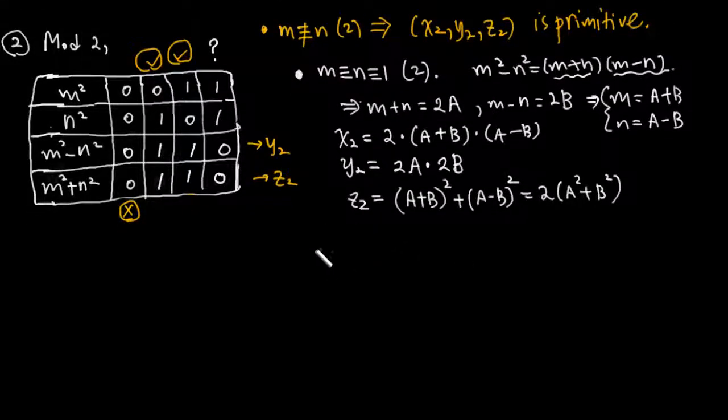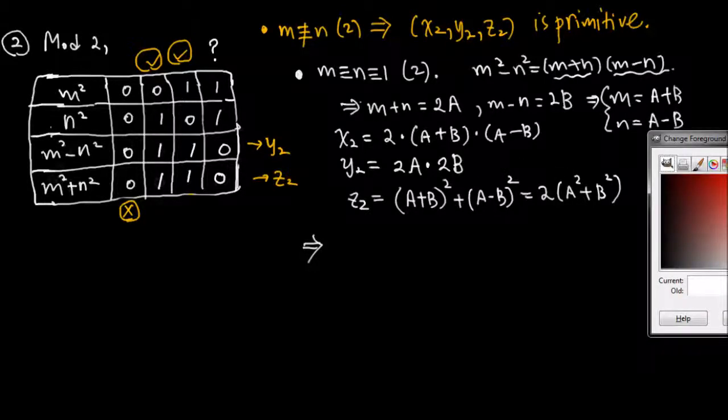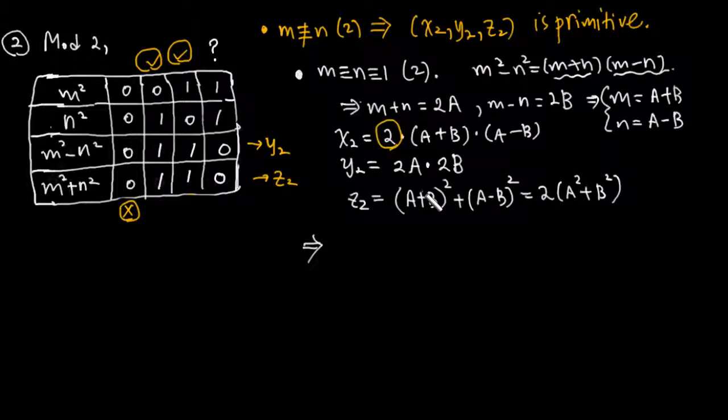Now finally, if you observe that there's a common factor of 2 appearing in here and in here, in this form 2 times ab, and a 2 appearing there, you can cancel this common factor and come up with a new, reduced solution.